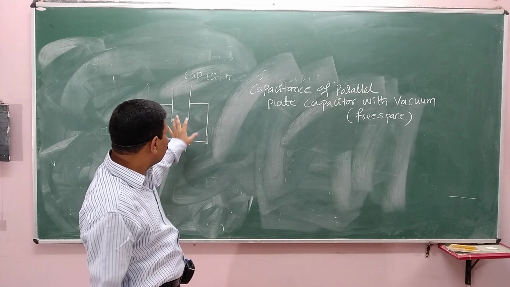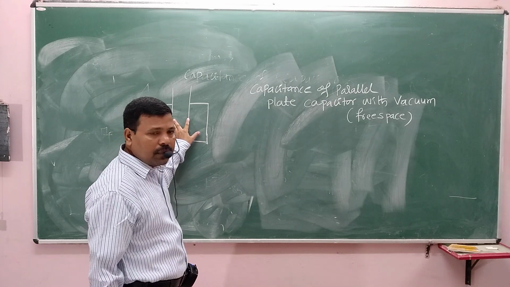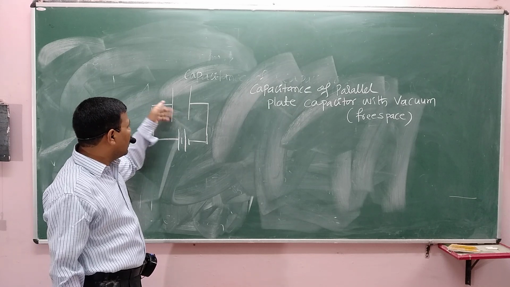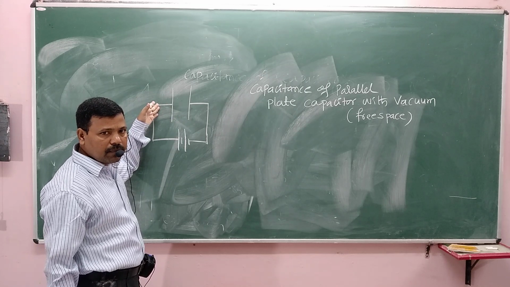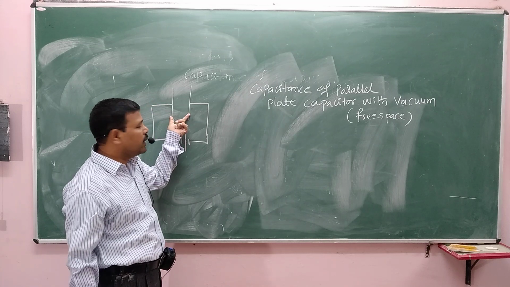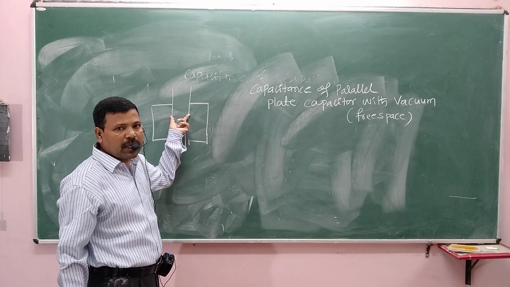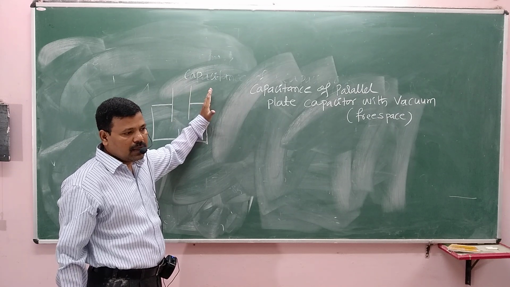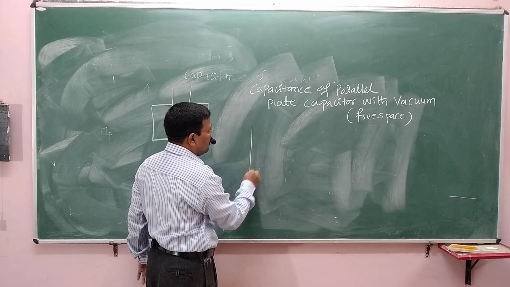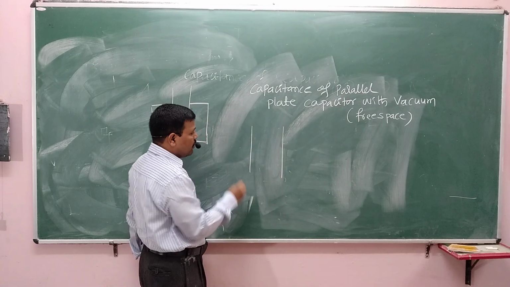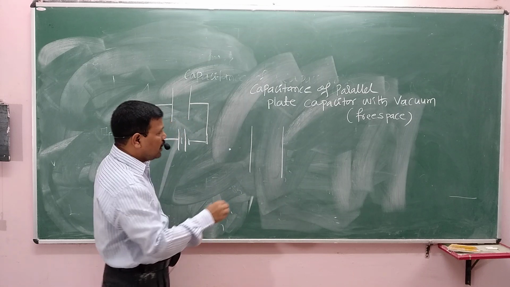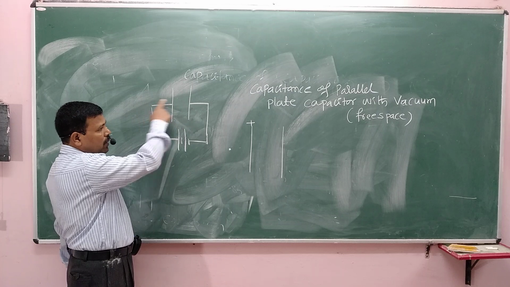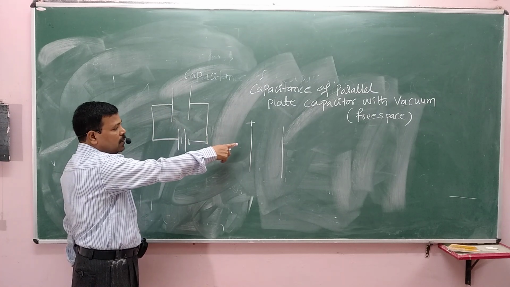Okay, you take the outer area of the capacitor and the area in between the two plates of the capacitor and the outer area of the capacitor. Here, as we know, when this plate is connected to positive terminal, it acquires positive charge.